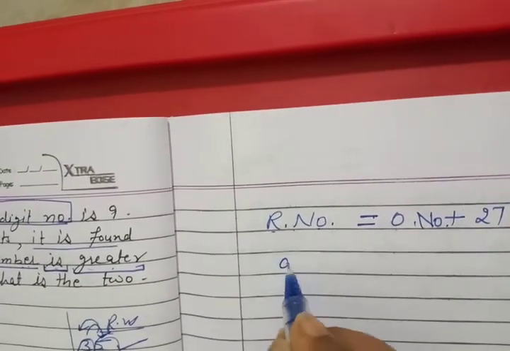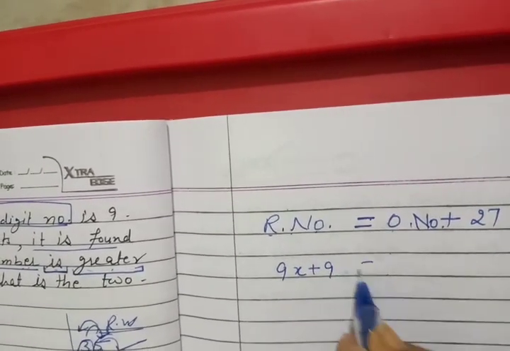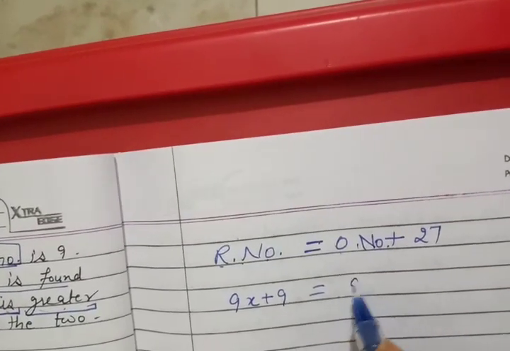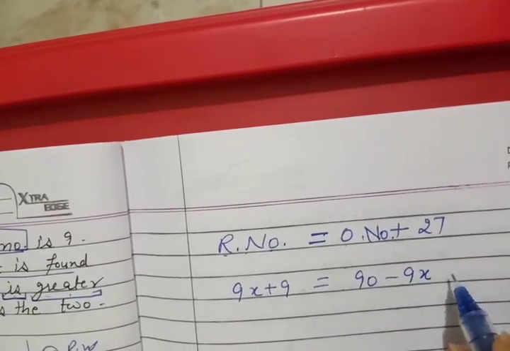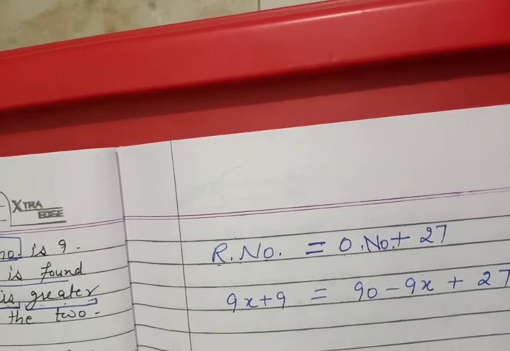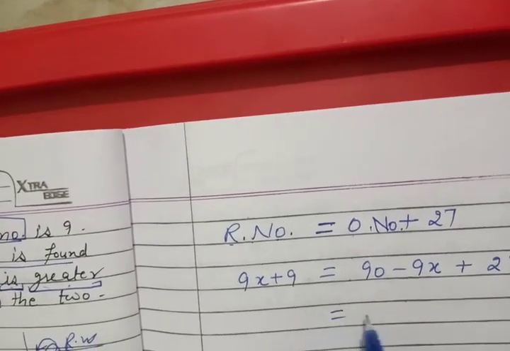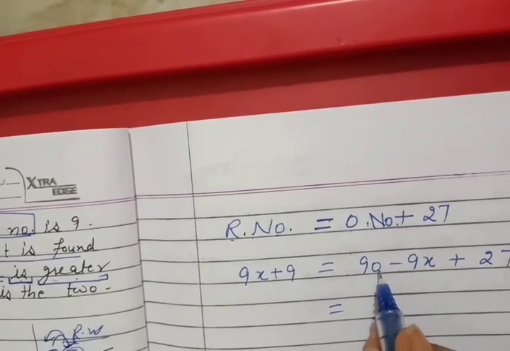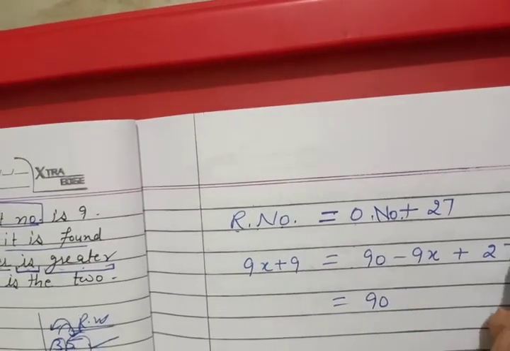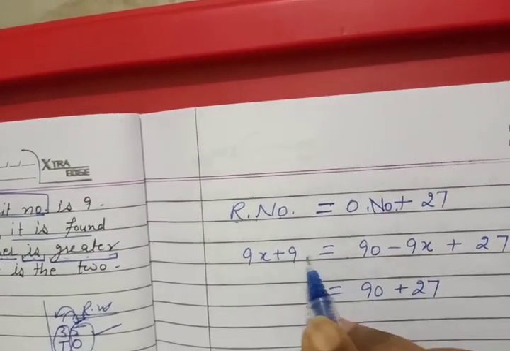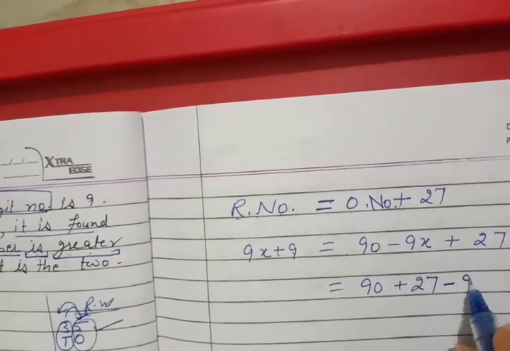Now we'll put the values. Reverse number is 9x plus 9. Original number is 90 minus 9x plus 27. Now shifting all the like terms on one side, it's 90 plus 27. Shift this 9, it will become minus 9.